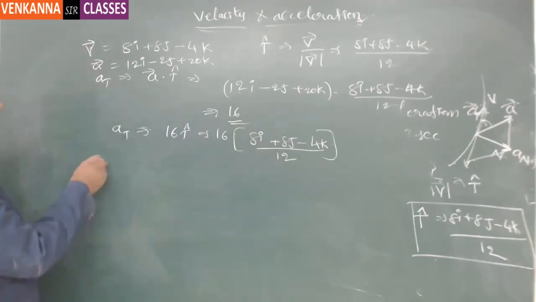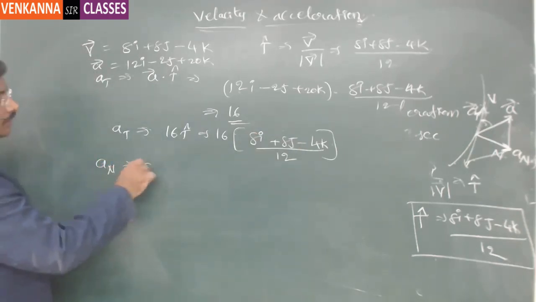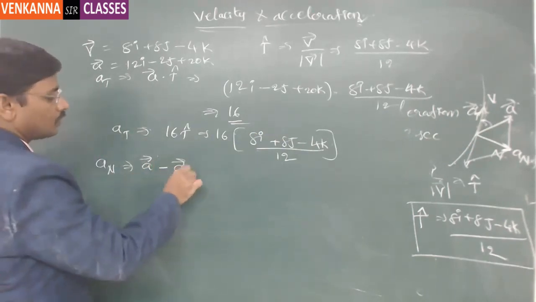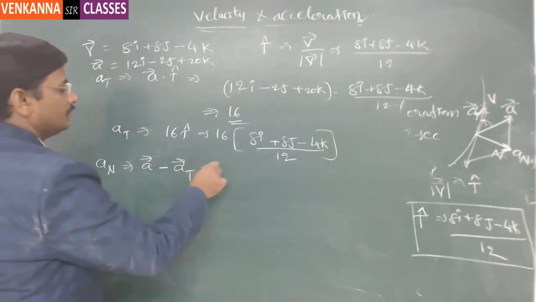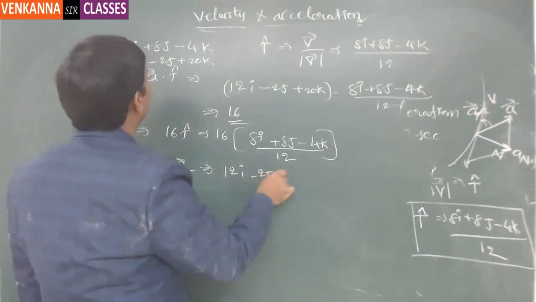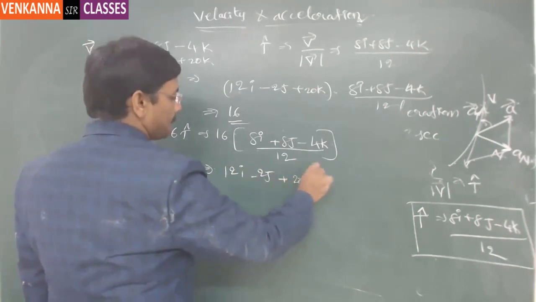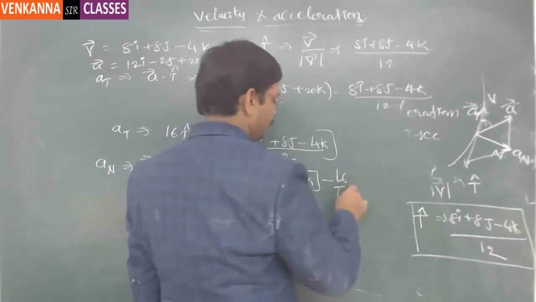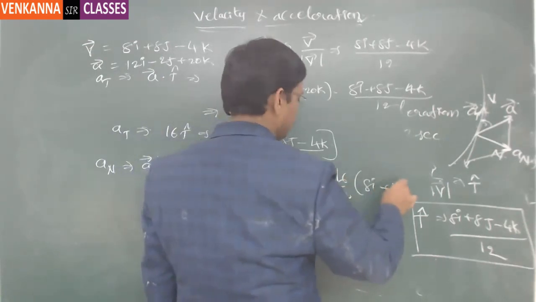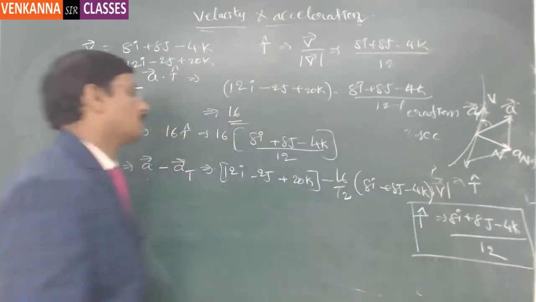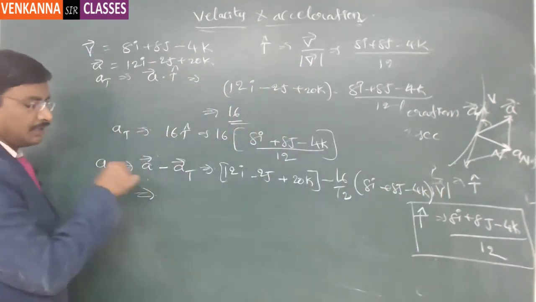Now, the normal component of the acceleration, if you want, then subtract the tangential component from the total acceleration. So the total acceleration is 12i minus 2j plus 20k minus 16 by 12 times 8i plus 8j minus 4k. So this is the normal component of the acceleration in vector form.